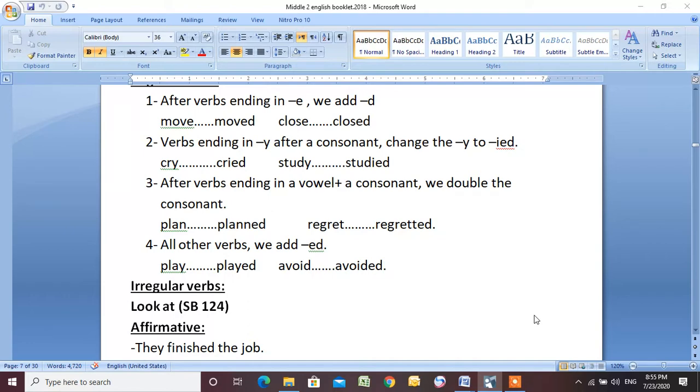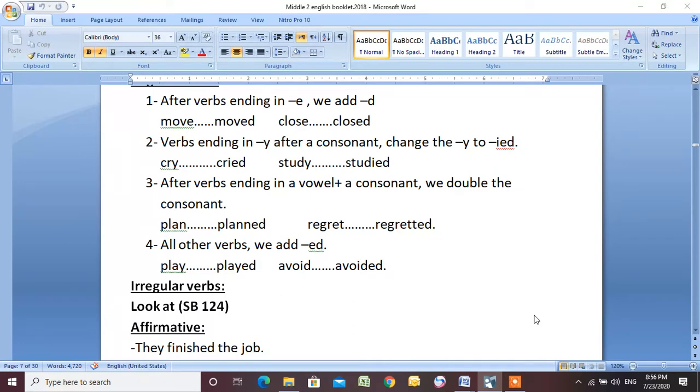So sold, sold here, it's only one change of the verb. There is only one change to the verb. And another type is 2 changes. For example, you can say drink, drank, drunk. You have here 2 changes for the verb drink.